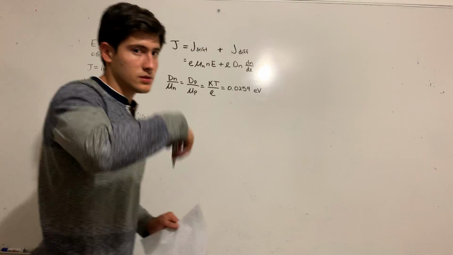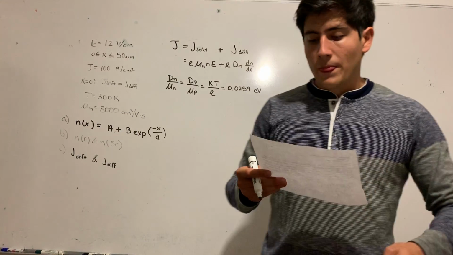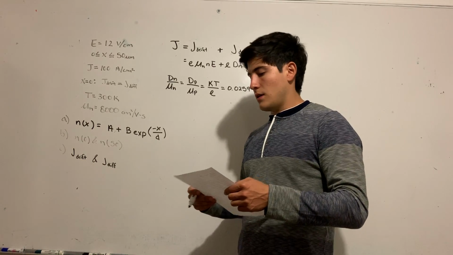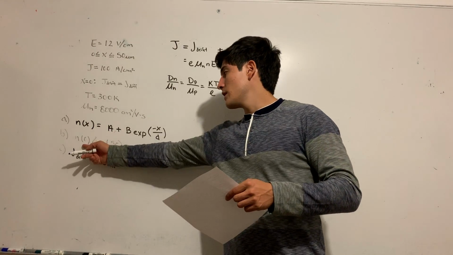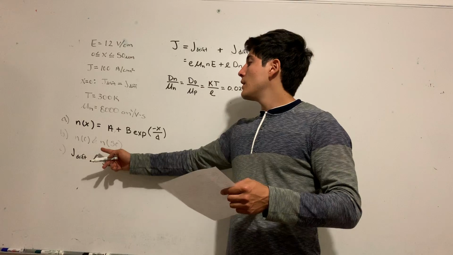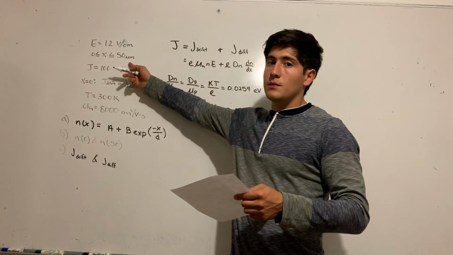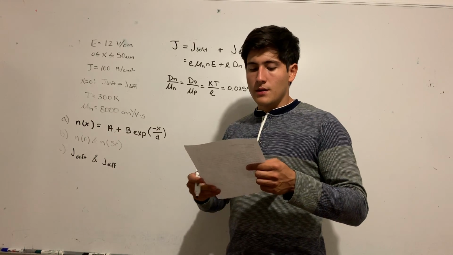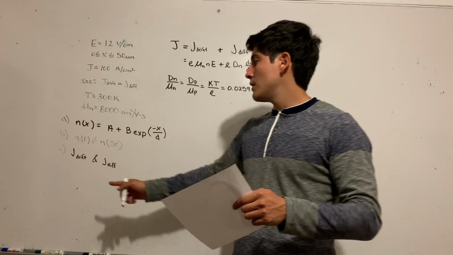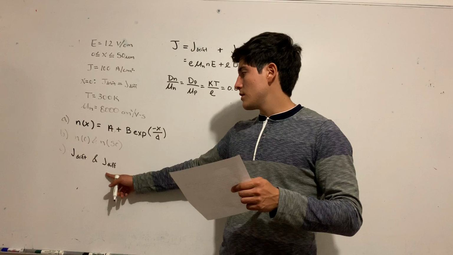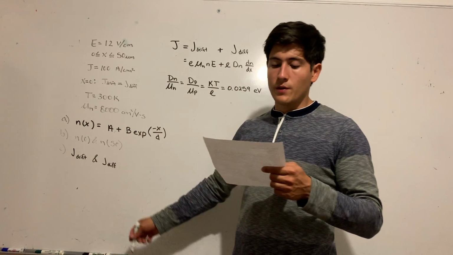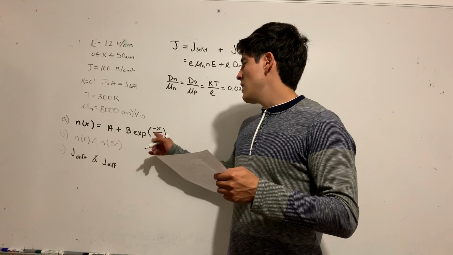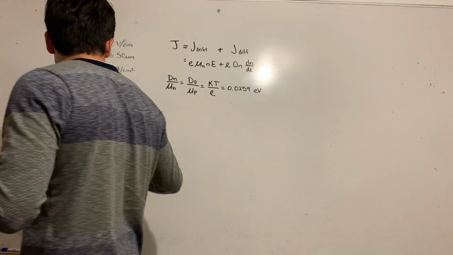Then we calculate the electron concentration at x equals 0 and at x equals 50 micrometers, so you just have to substitute here. And then calculate the drift and the diffusion current density when x equals 50.